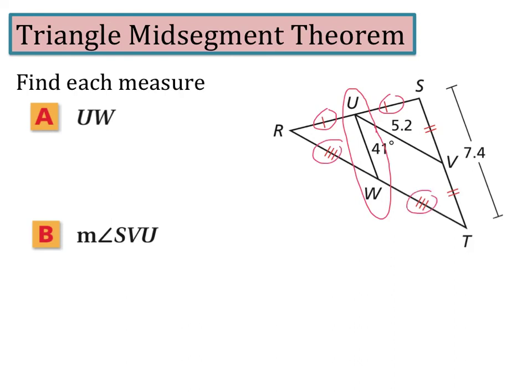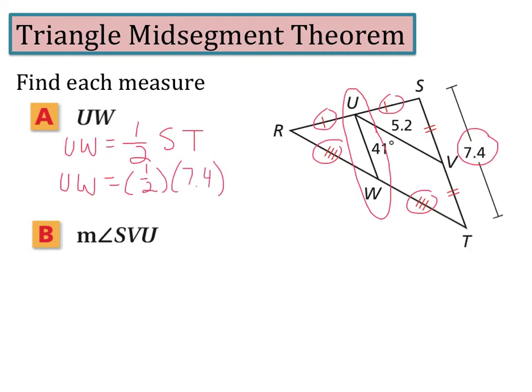So I know that UW is going to equal half of its parallel side, which is ST. So I see over here that ST is 7.4. So to find UW, I do 1/2 of 7.4. And I calculate that out to be 3.7.